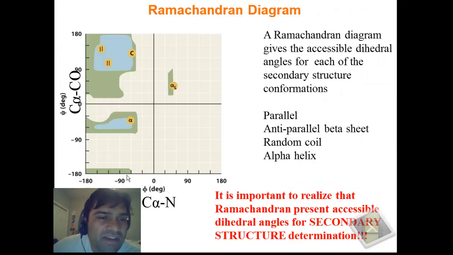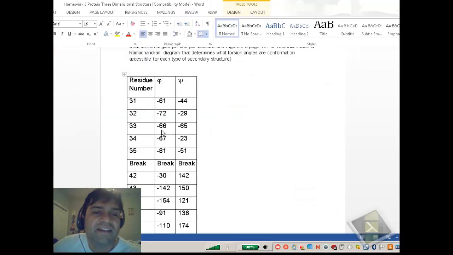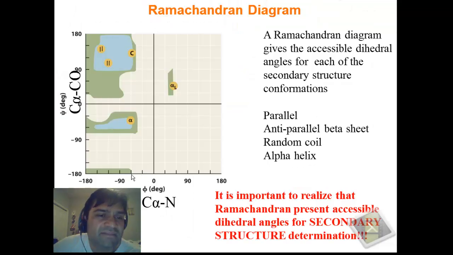-72 would be around here, -29 would probably be around there. Let's take a look at our third dihedral angle, it was -66 and -65. -66, probably around here, -65, probably around here.